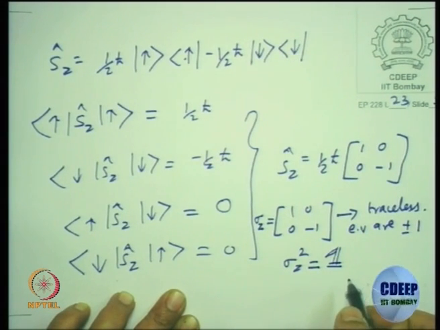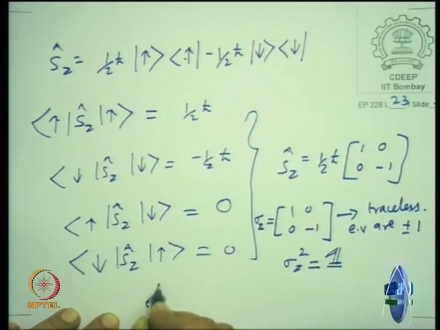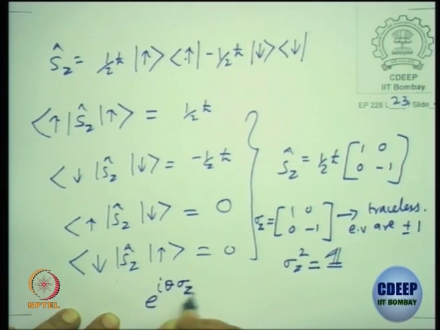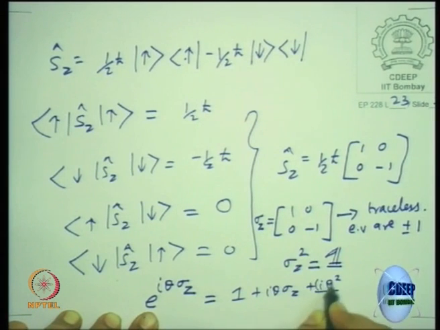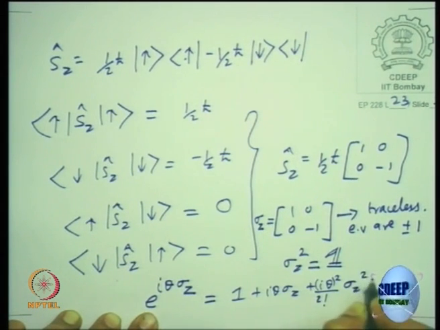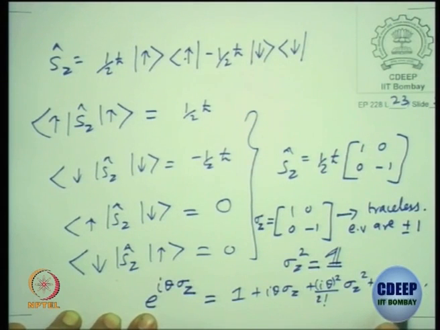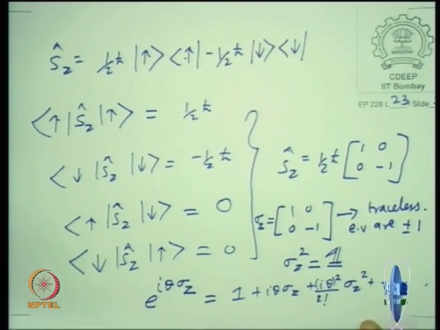Also interestingly, you can compute e to the i theta sigma z. What will this be? 1 plus i theta sigma z plus (i theta) squared by 2 factorial sigma z squared and so on. Sigma z squared is identity. You can keep adding things. What will you get? Cos theta.